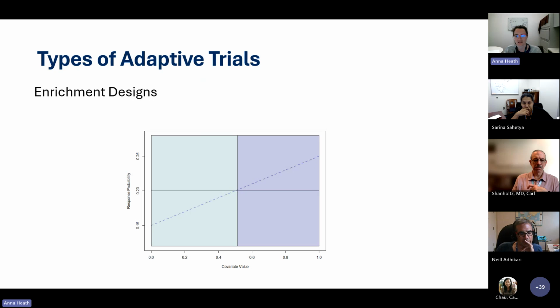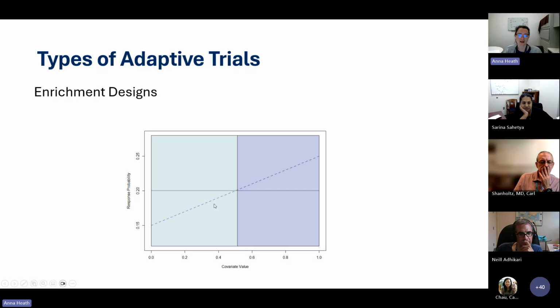We might have a covariate here on a 0 to 1 scale, and the response probability, the probability of death for example, might be the same across all that covariate value. Or alternatively, you might have an intervention where it varies. So for low values of the covariate, you might have a lower probability of death. But as that covariate increases, the probability of death increases.